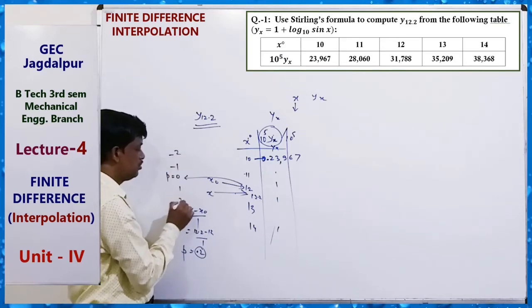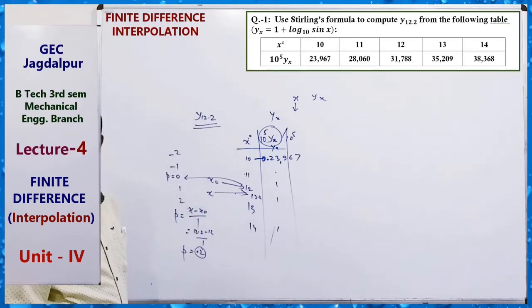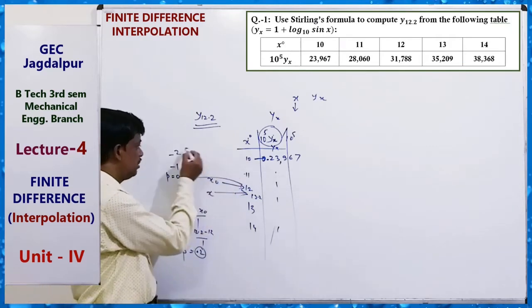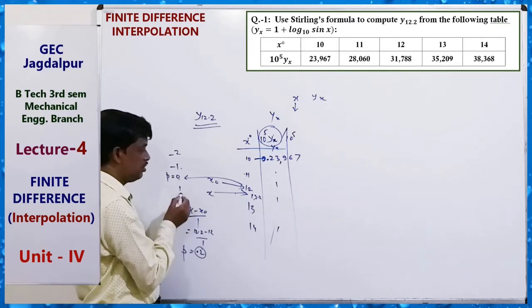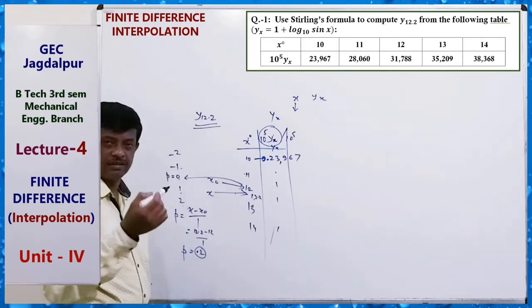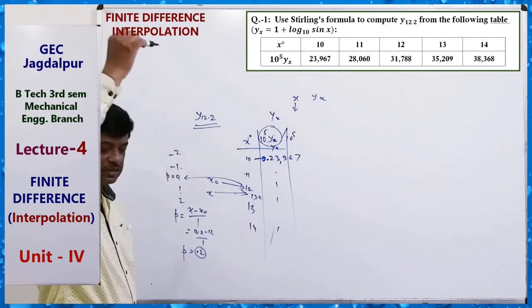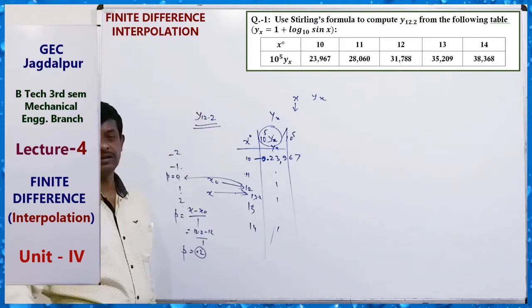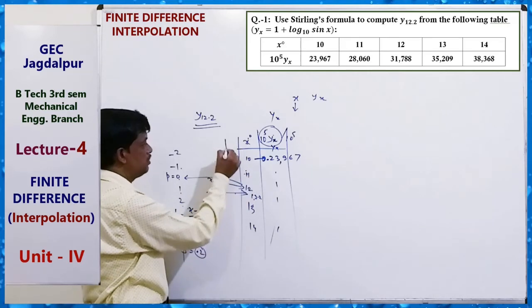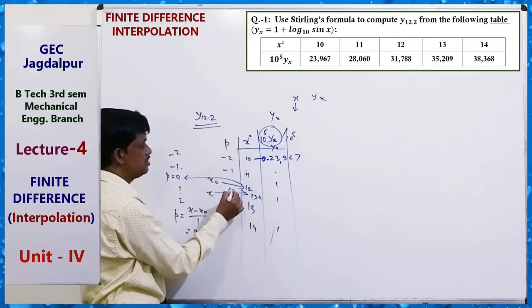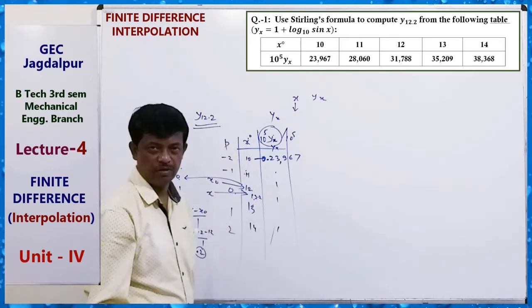So the value of p at this point is minus 2, at this point minus 1, at this point 0, then 1, then 2. Just like x0, the negative side is upper and the positive side is down. So the values of p are minus 2, minus 1, 0, 1, 2.